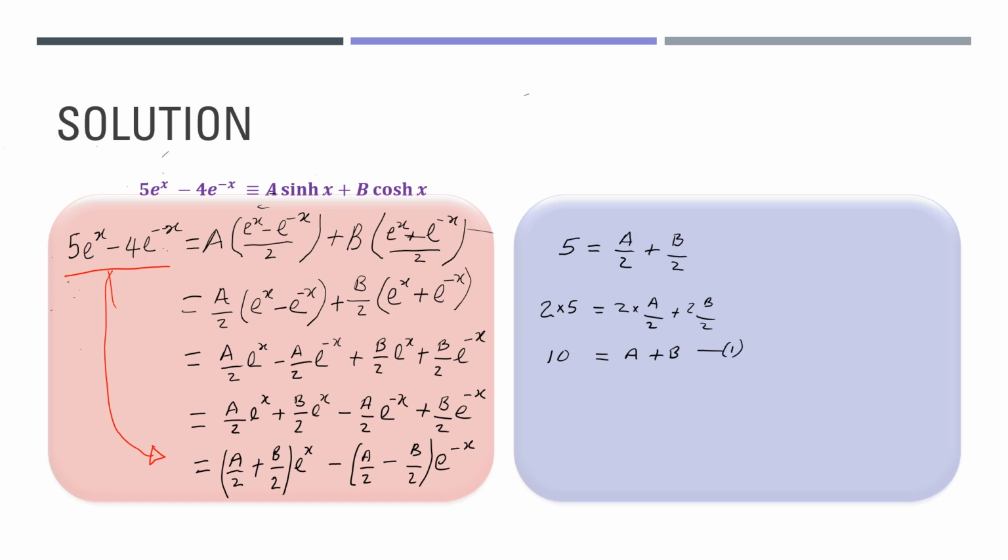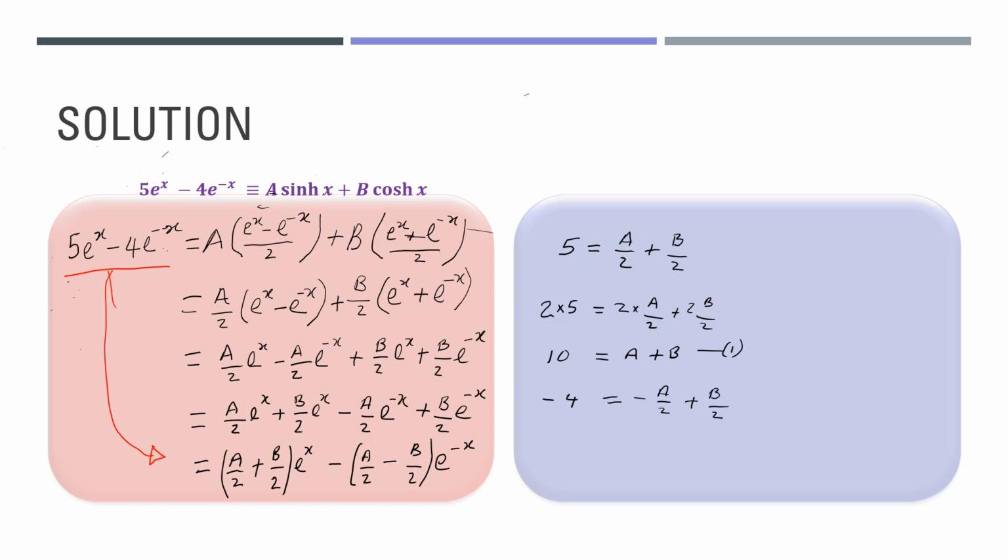For e^(-x), we can now write minus 4 equals minus a over 2 plus b over 2.